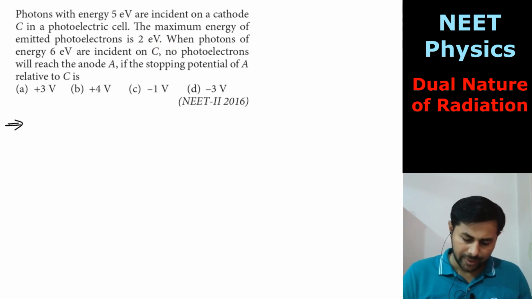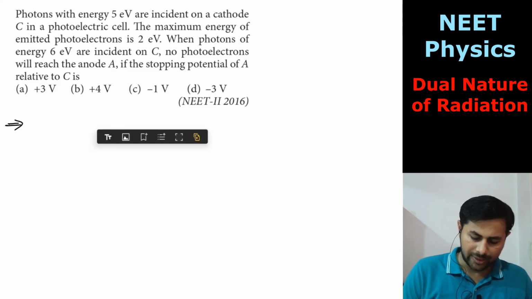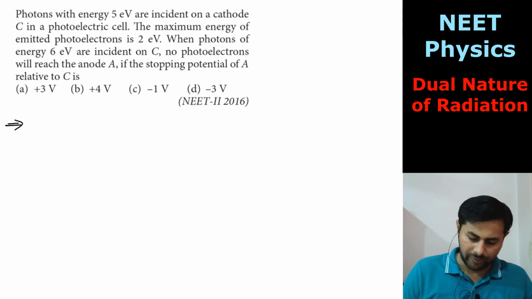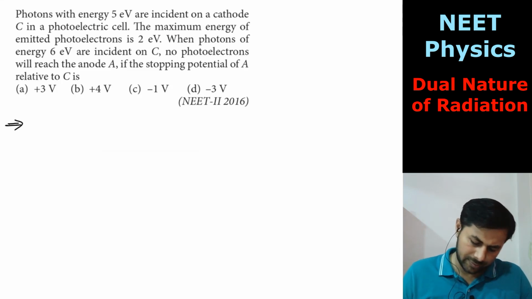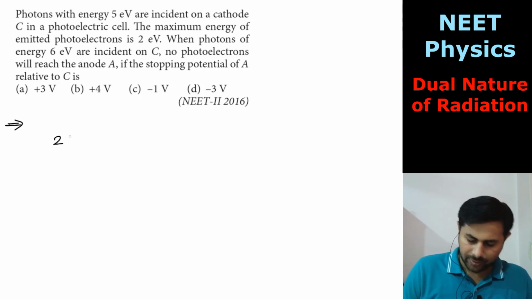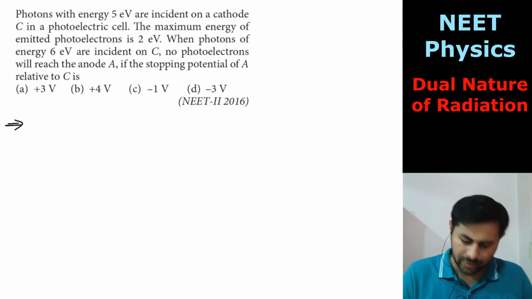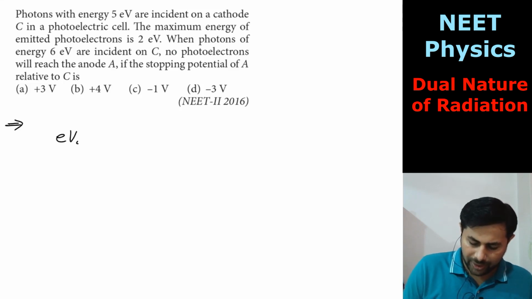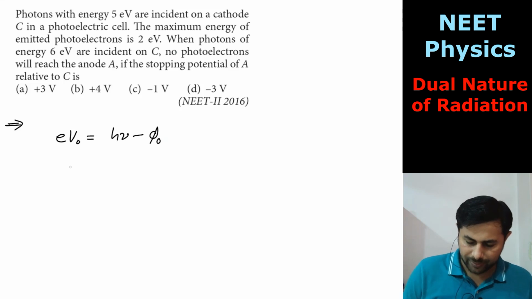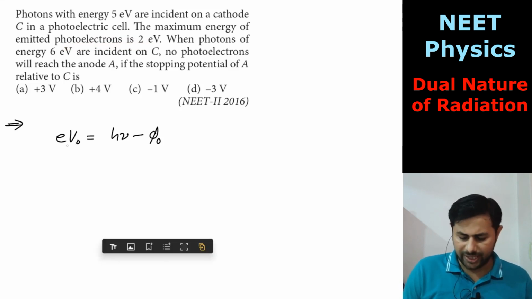Alright, let's check. Photons of energy 5 electron volt are incident. The maximum energy of emitted photoelectrons is 2 eV. So you have eV naught is equal to h nu minus phi naught. Maximum energy of electrons is 2 eV, or you can say this is KE max.